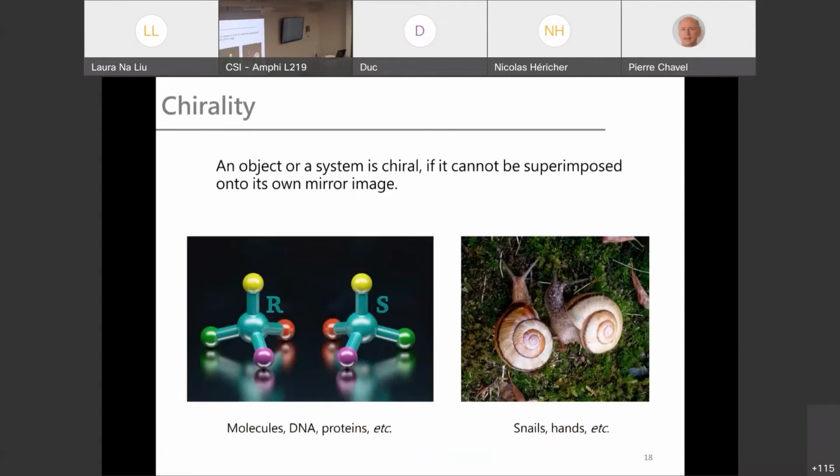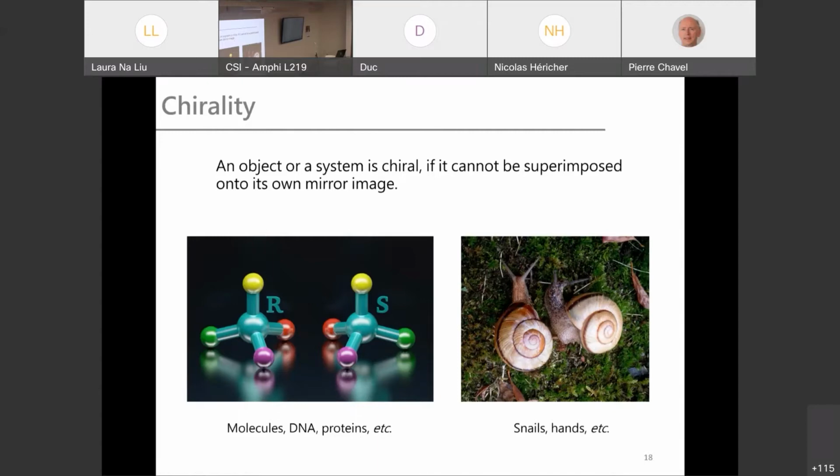But I first need to introduce to you the terminology called chirality. So chirality, if we say an object is chiral, its meaning is that the object cannot be superimposed onto its own mirror image. So for instance, in chemistry, we can find a lot of molecules, or DNA itself is chiral.